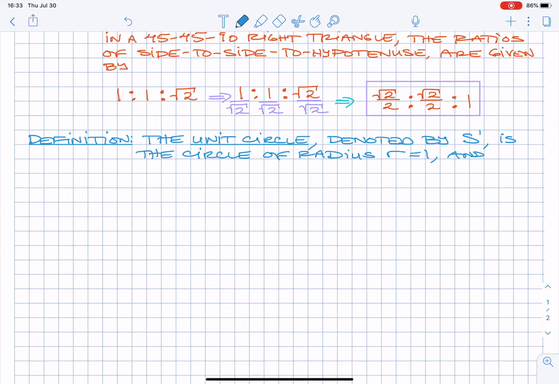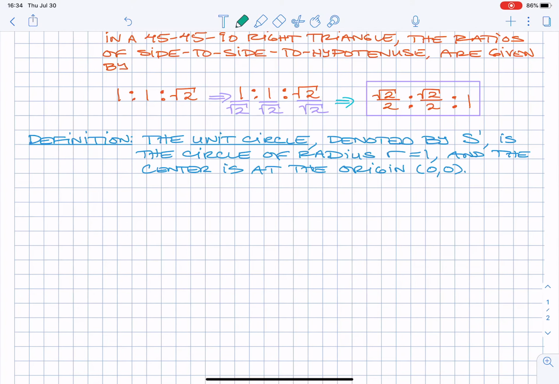And the center is at the origin 0, 0, not 1, 1. So I've got a circle centered at the origin of radius 1 unit, hence unit circle.